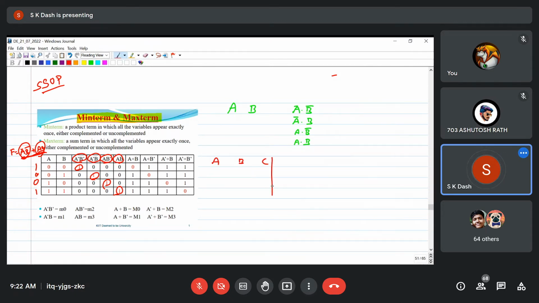Now ABC. Suppose I write this as A bar B bar C plus A B bar C bar plus A B bar C plus ABC. So if I have 3 inputs, then 8 possible combinations are there.